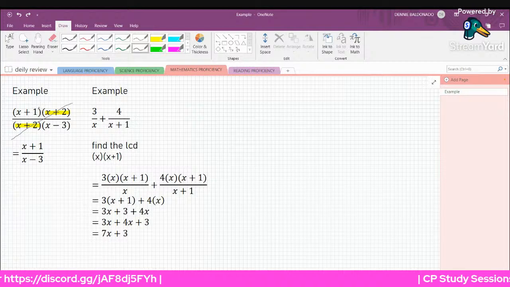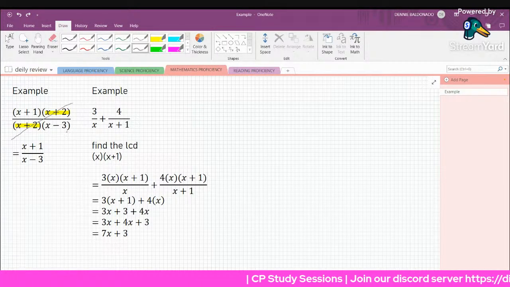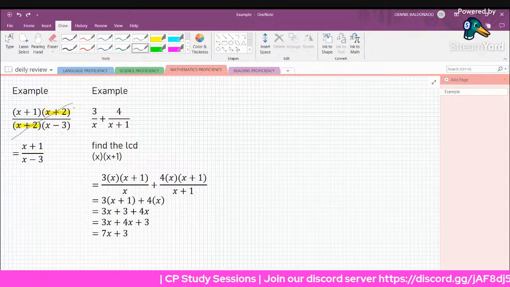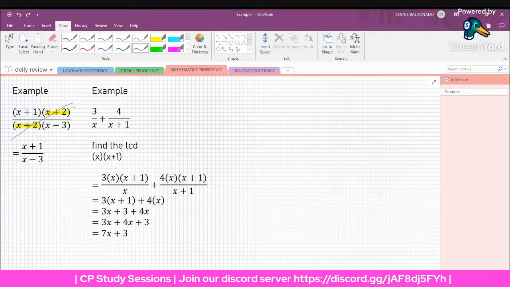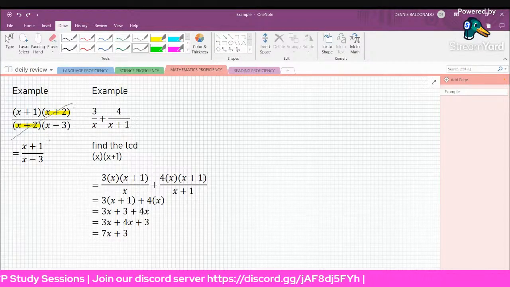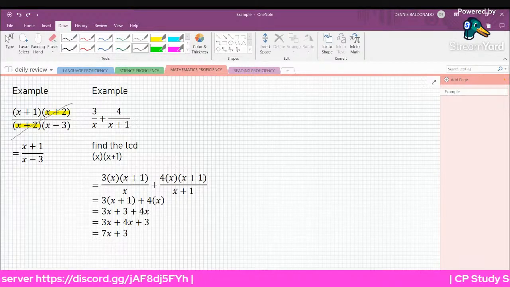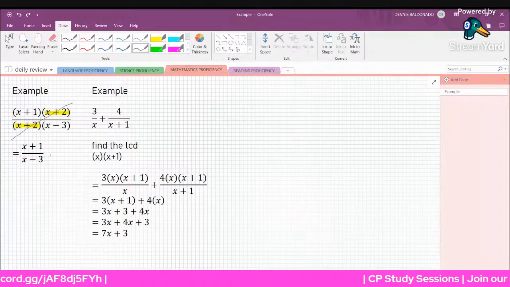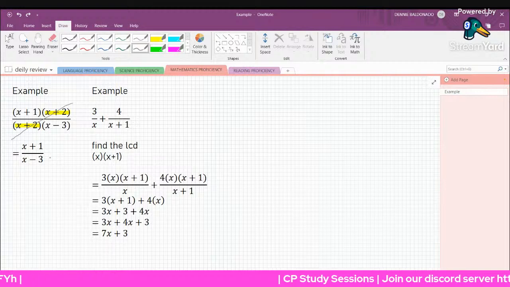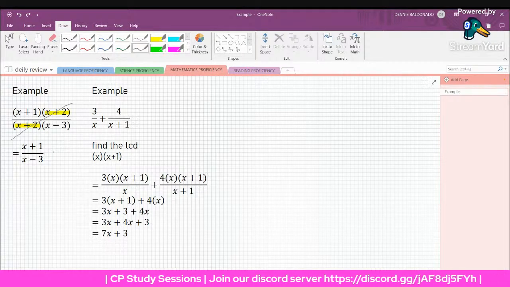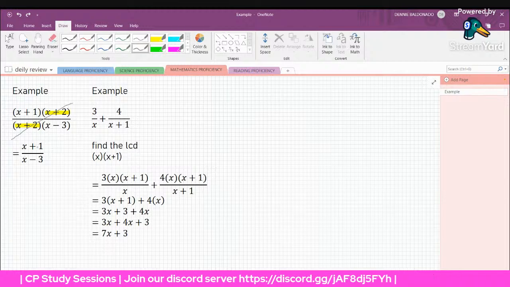Pero sa example natin dito is wala na. So, after mo i-cancel out tong expression na x plus 2, you can simply copy the expression x plus 1 sa numerator. Then, you can copy na lang din itong nasa denominator, which is x minus 3. So, yan na yung sagot natin dito.